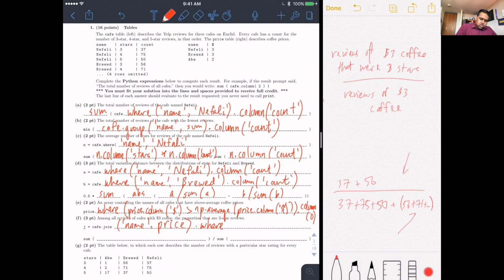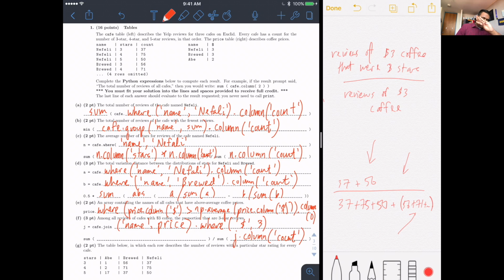price is $3. So now we need to replicate the sum we have over here, right? So on the numerator, we want $3 coffees, three-star reviews. The denominator, we want all the reviews of $3 coffee. So on the denominator, which is a little easier, we can just do j.column count, which will have these values and these as well, because they all correspond to the number of reviews of $3 coffees.